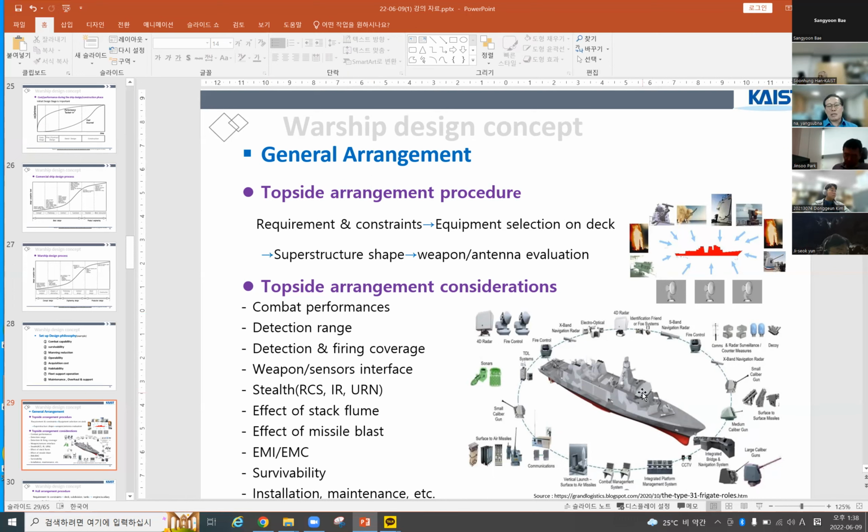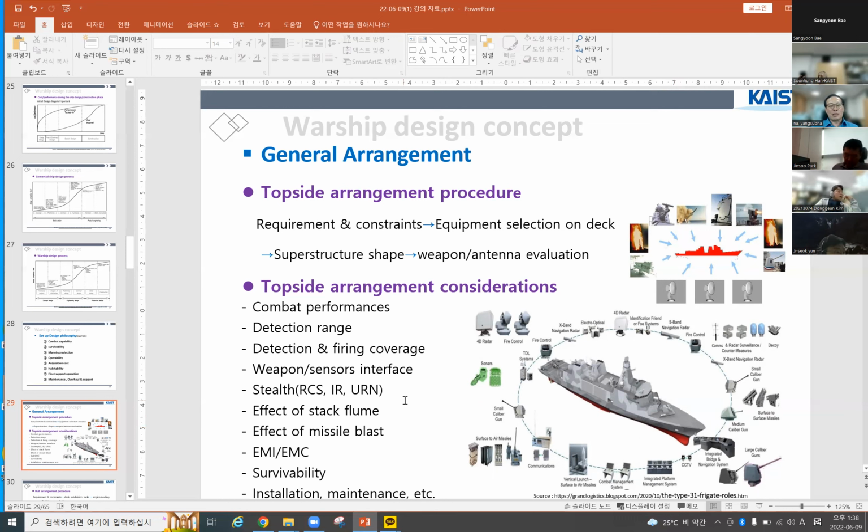Sensors need the detection range maximized. For that, some blind zones should be prohibited, so we maximize the detection bearing and range, and the firing coverage, and make sure the weapons assure the coverage and ranges.